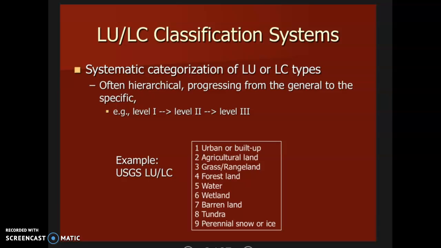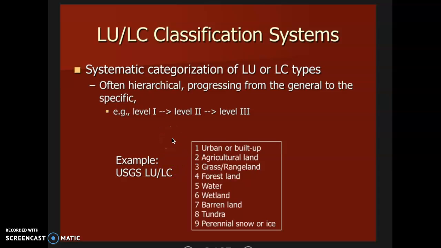And really, this classification system I'm going to show you is really a combination of land cover and land use. You will notice that. But remember that in practical terms, we combine them. But you have to understand the difference between land cover and land use to best move forward and understand what you're doing.